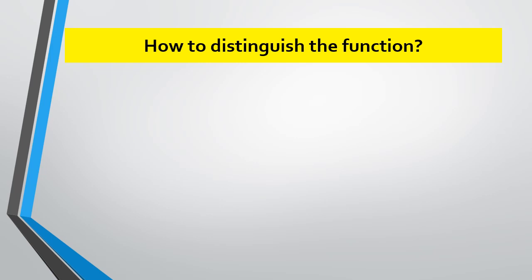Now, how to distinguish the function? Concerning the types, these types have to be memorized, and they are 6 types. You should memorize them and know the clue for each one. For that clause, we have that as a clue. For the WH interrogative clauses, we have the WH as a clue. For the ing clauses, we have the ing.